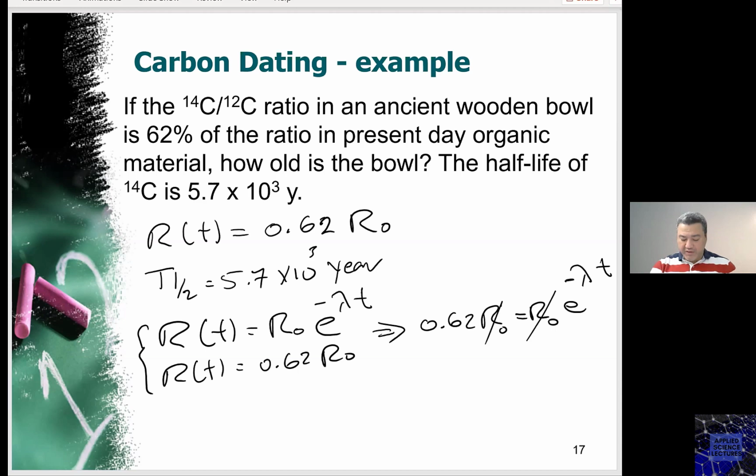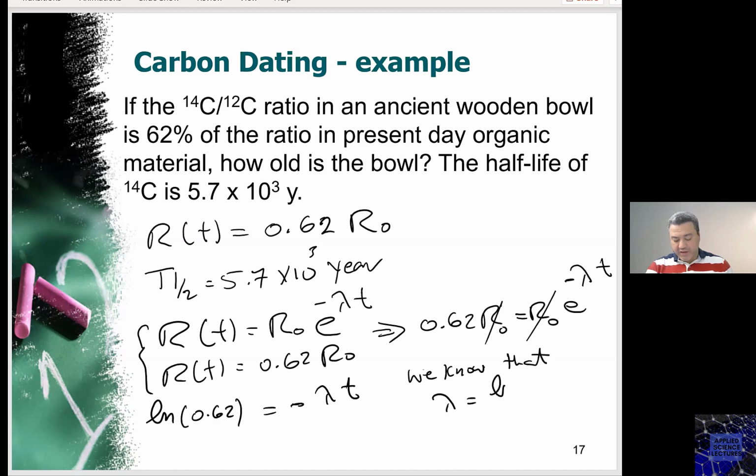If you take the natural logarithm of both sides, you get natural logarithm of 0.62 equals minus lambda t. We know that lambda is natural logarithm of 2 over the half time.